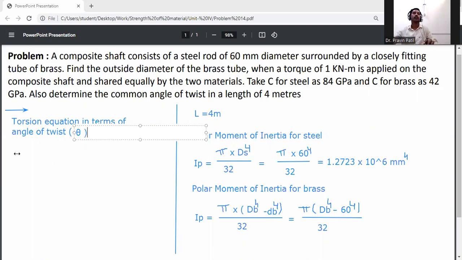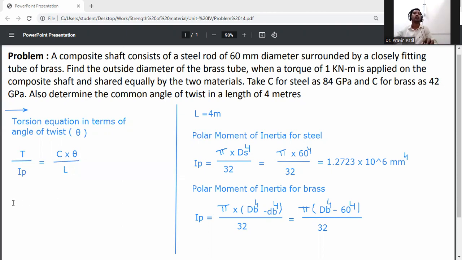So in terms of torsion equation, T divided by IP is equal to C theta divided by L. So this is the torsion equation in terms of modulus of rigidity and angle of twist.